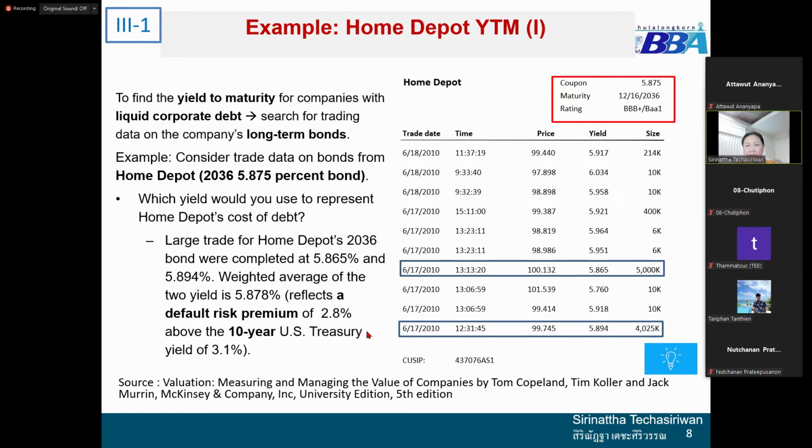But since this has been issued a long time ago, it's still a very long-dated bond in the US. The maturity of the bond seems to be a lot longer than bonds issued in Thailand. In Thailand, normally most corporates issue 3 years.